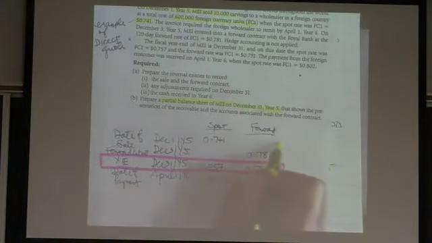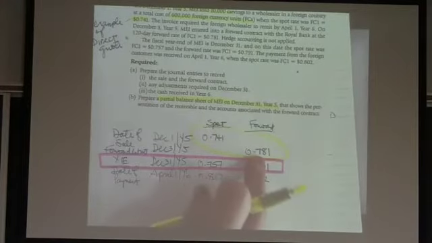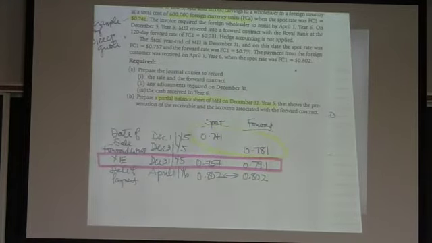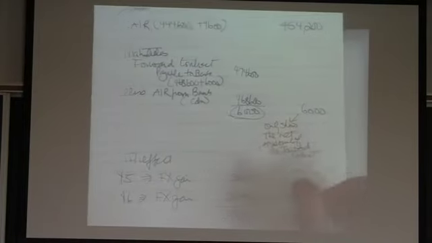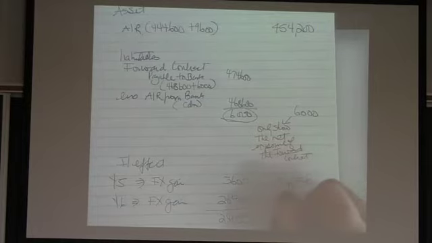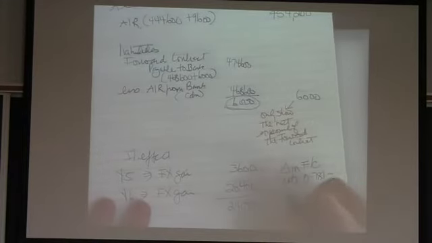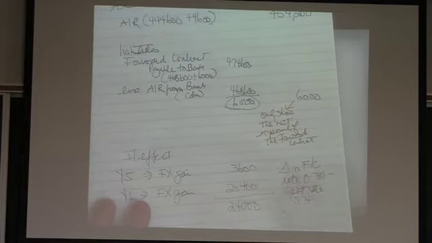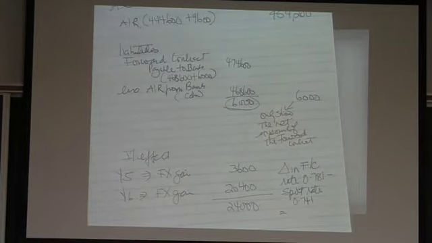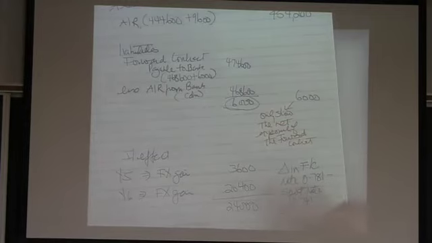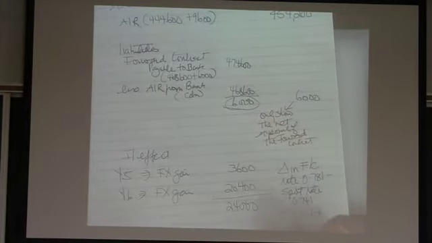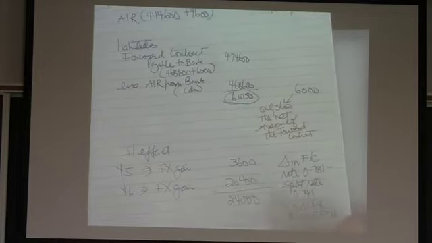If you look at the change, and this is the key, the change in the forward contract rate, which is 0.781, minus the spot rate, which is 0.741, that gives you a difference of 0.04 times 600,000 foreign currency units gives you 24,000.